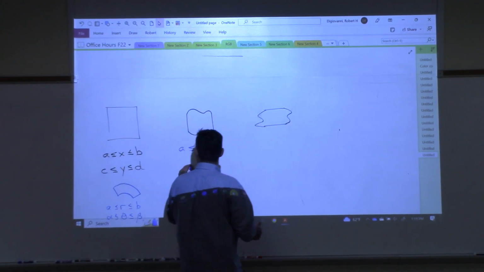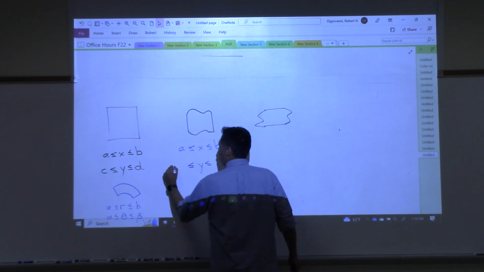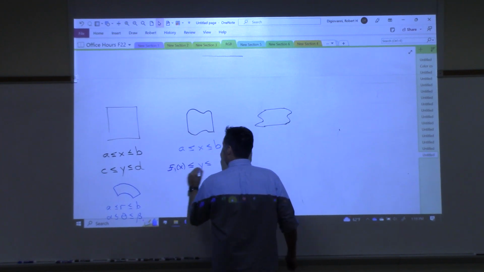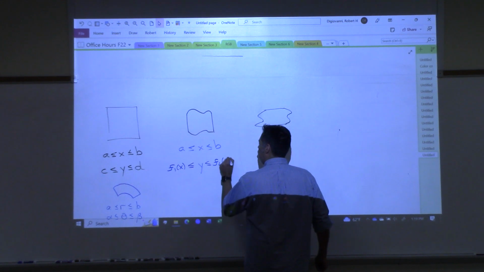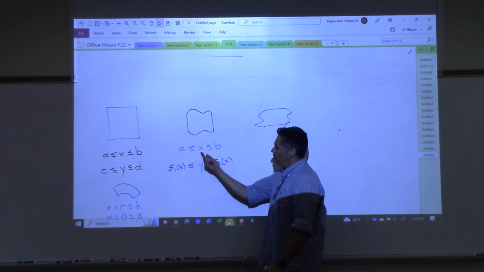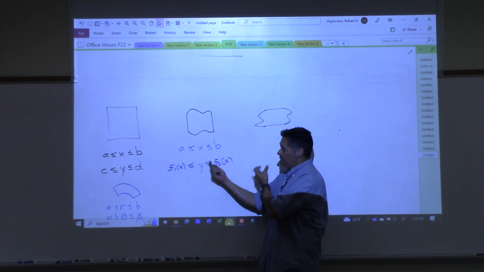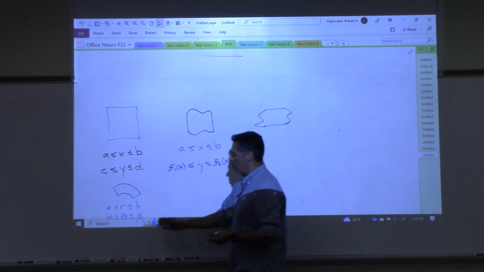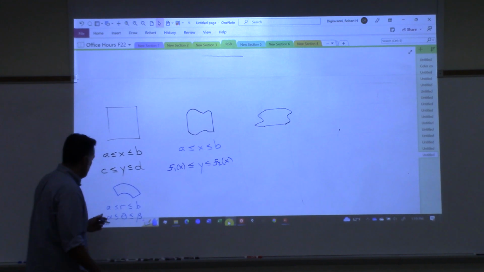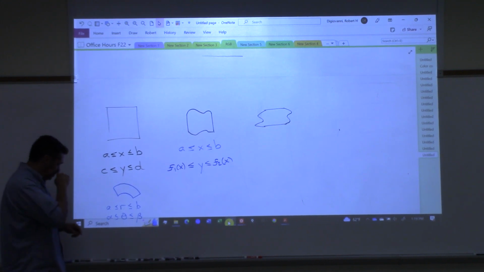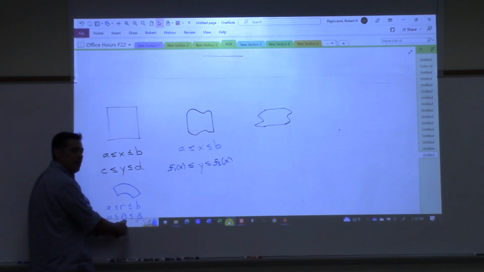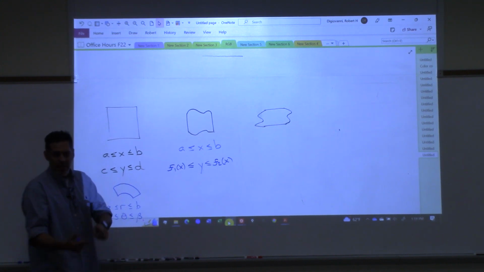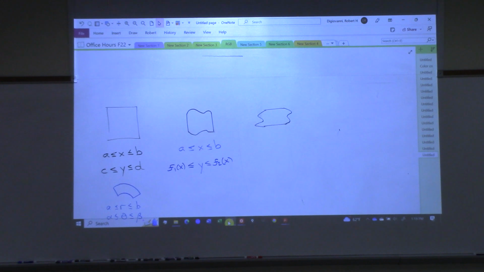I think we used like f1 of x and then f2 of x, something like that. So one of our variables is still between two constants, the other one's between two functions of that variable. So here with polar, we should be looking at a region where, let's start with the type 1, where the theta is between two constants and the r is between two functions of theta. Let me show you what that looks like.